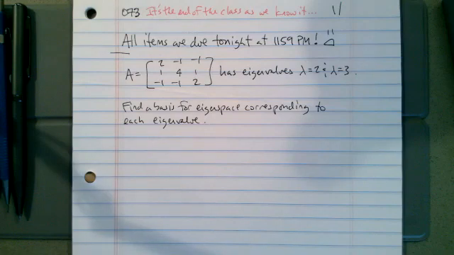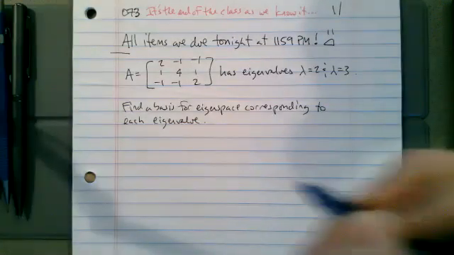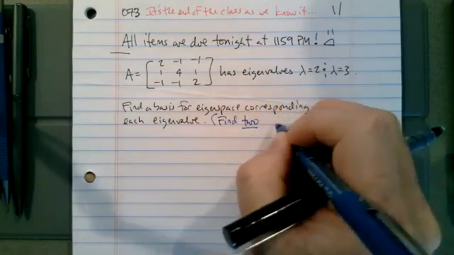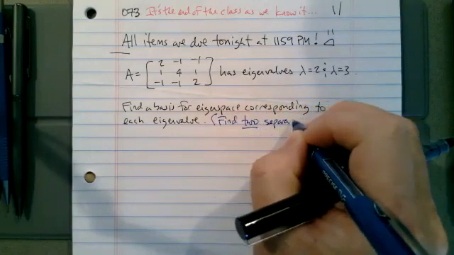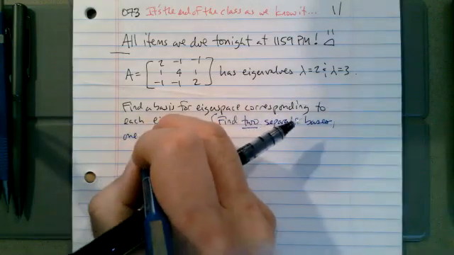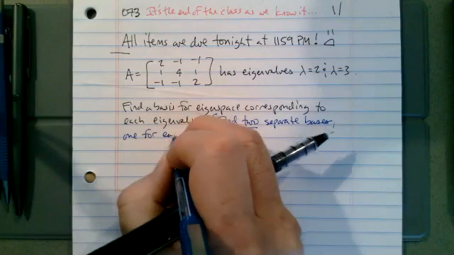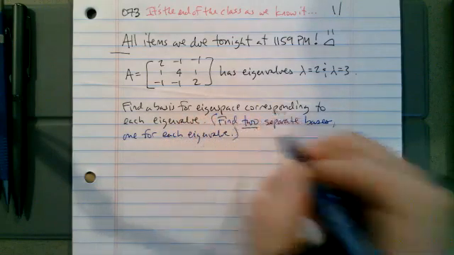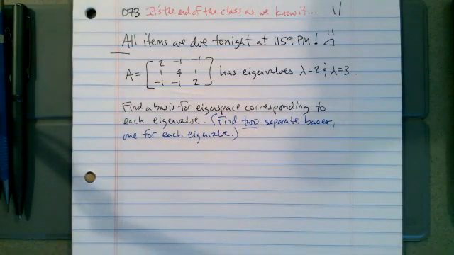Since there are two separate eigenvalues, I'm looking for, in this phrasing, two separate bases, one for each eigenvalue. And so they are whatever they are.